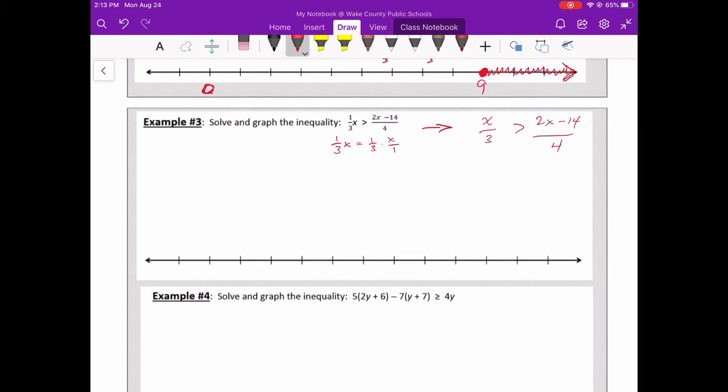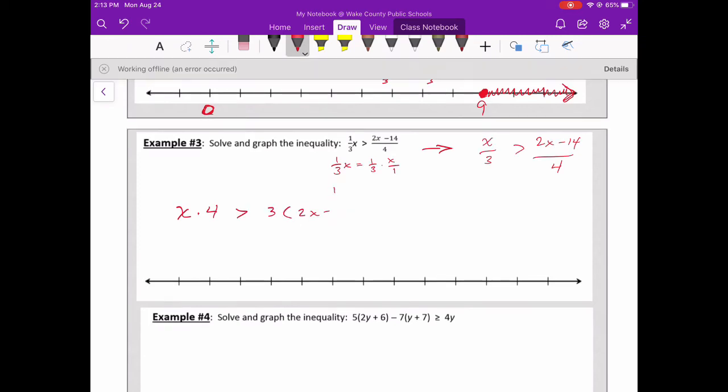Cross multiply. So x times 4 is greater than 3 times 2x minus 14. And this gives me the opportunity to get rid of the fractions right away, which makes my life a whole lot easier. Go ahead and do your distribution.